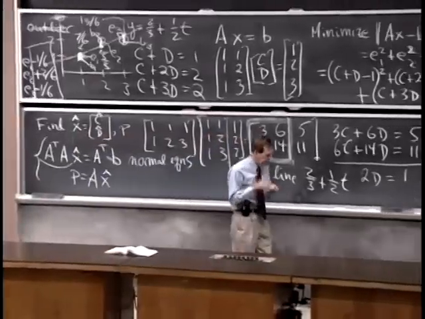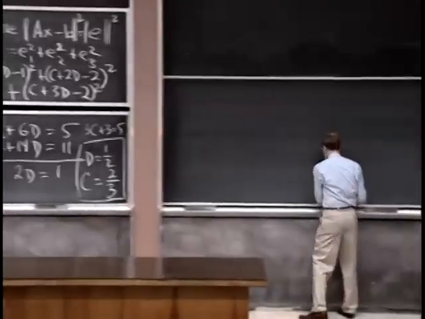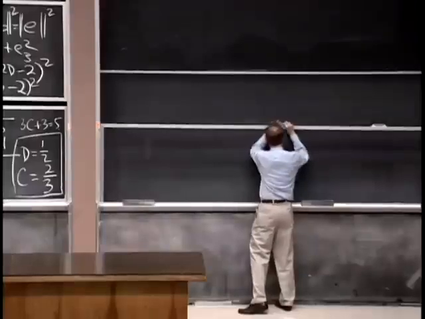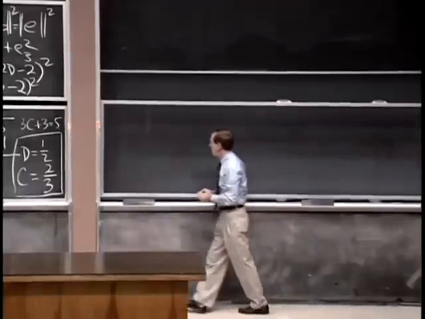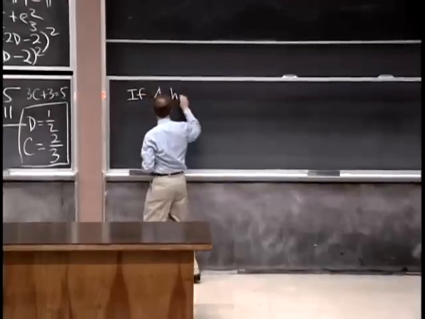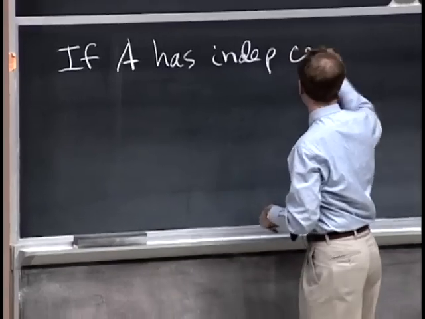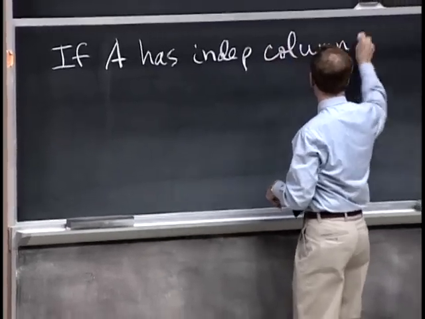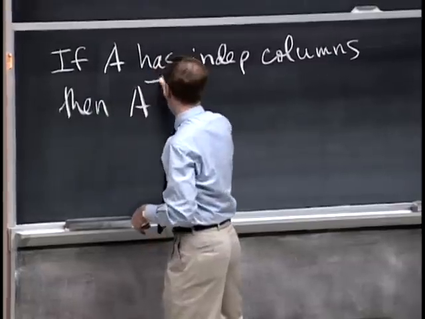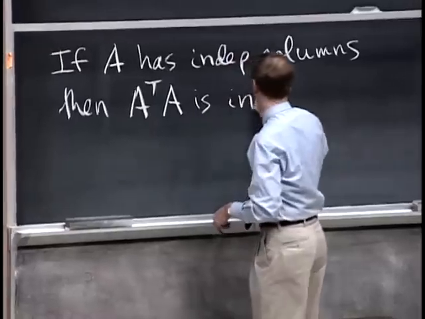But now, can I come back to that? Okay, so what I said was that if A has independent columns, then A transpose A is invertible.